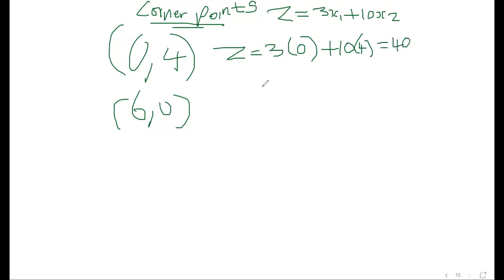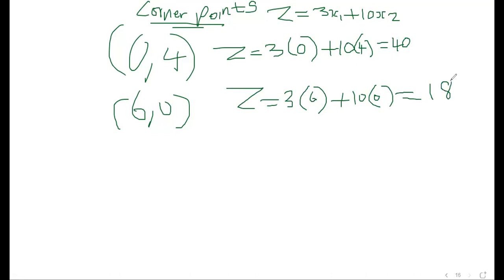Then the other one is z is equal to 3 times 6 plus 10 times 0, which is equal to 18. Then we can sort out these two using simultaneous equations.